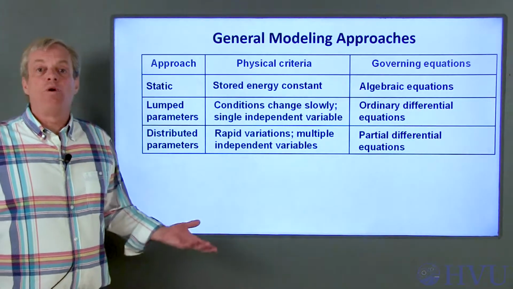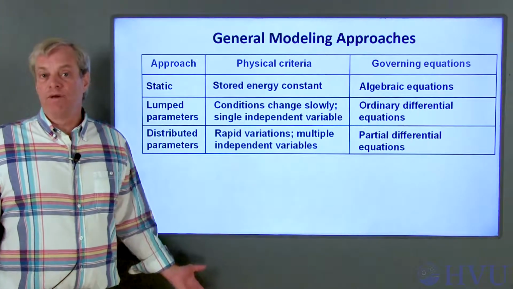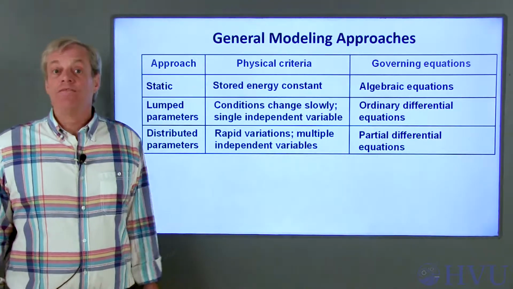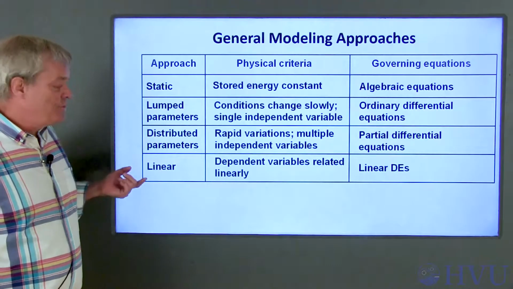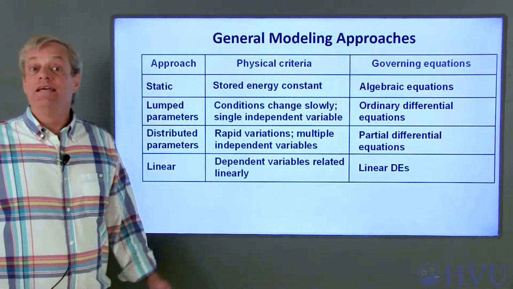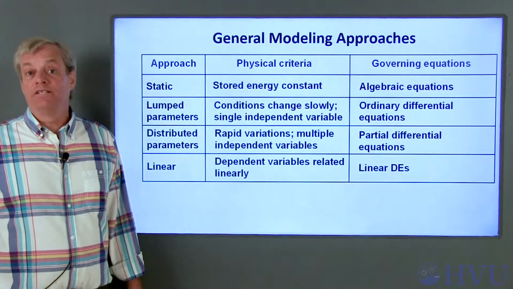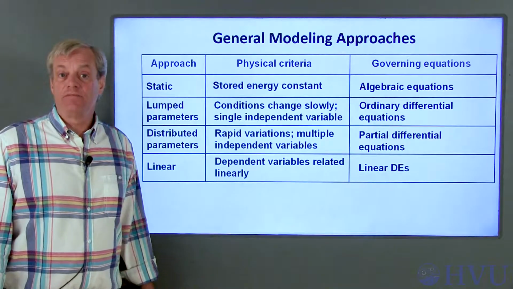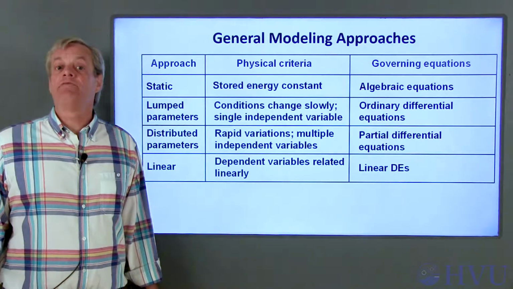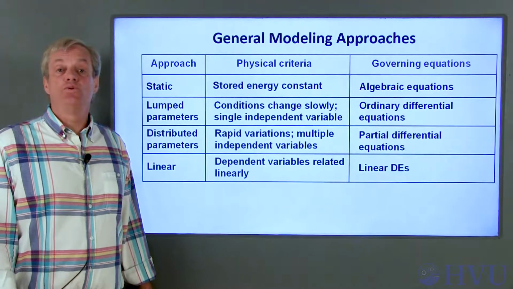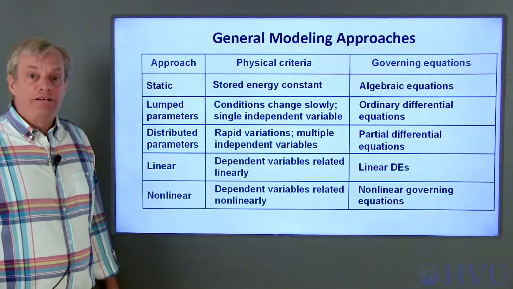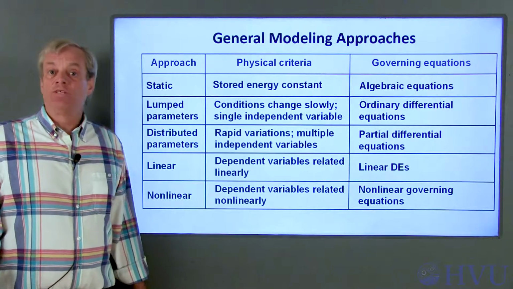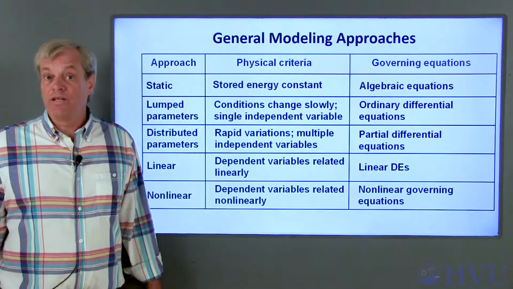There are a few other qualifiers that can affect the difficulty of the modeling and analysis of a system. These apply to all of the above systems. First, linear systems are great. Engineers much prefer to analyze linear systems over nonlinear systems. In linear systems, a plot of the relationships between any 2 dependent variables will be a straight line. In nonlinear systems, plotting dependent variables against one another may not be a straight line.